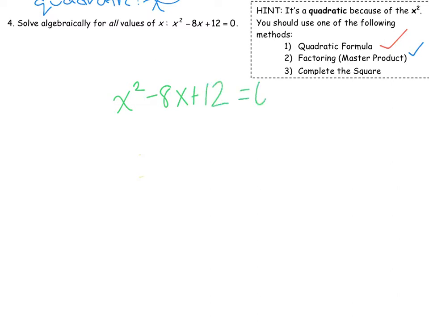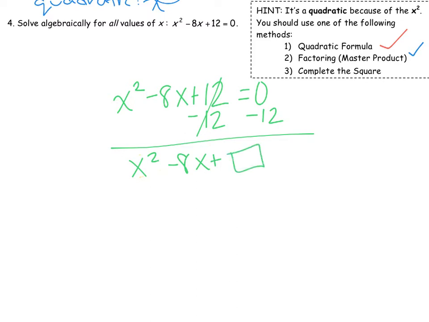So to complete the square, you guys have to remember we have to subtract over our c value. So now I'll have x squared minus 8x plus blank, put in that nice little box, and then negative 12 plus blank, whatever is going to go in that box. You have to remember next, always this comes first.